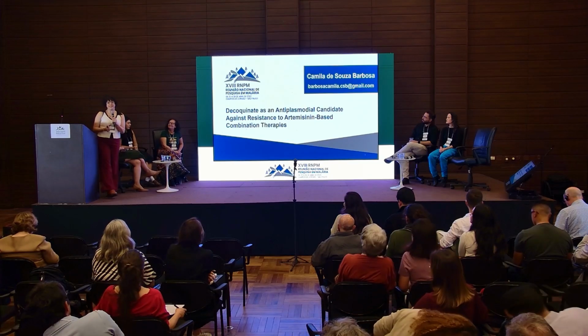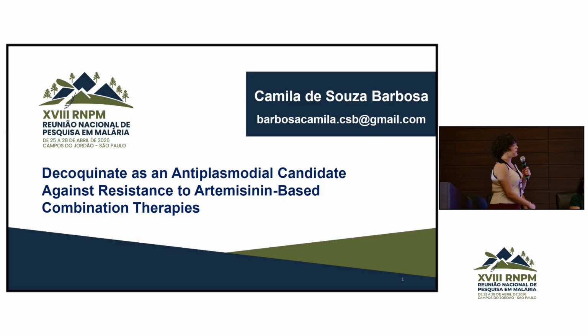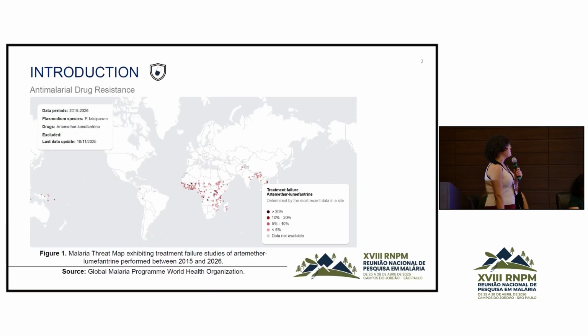Good afternoon, everyone. I'd like to thank the organizing committee for this opportunity to present my work, called Cocoate as an Anti-Plasmodial Candidate Against Resistance to Artemisinin-Based Combination Therapies. Malaria is one of the greatest problems we have.